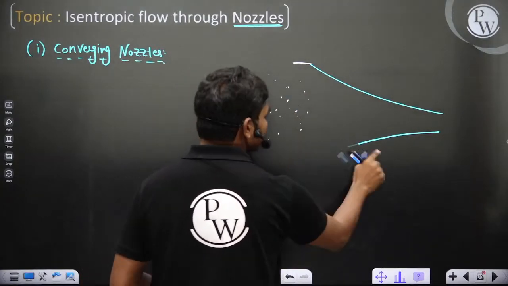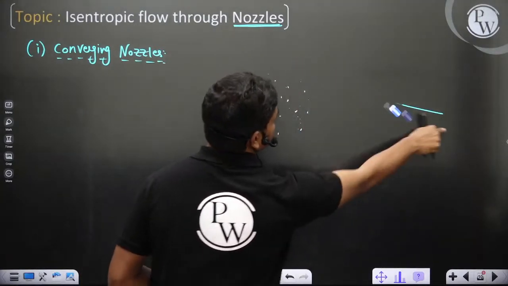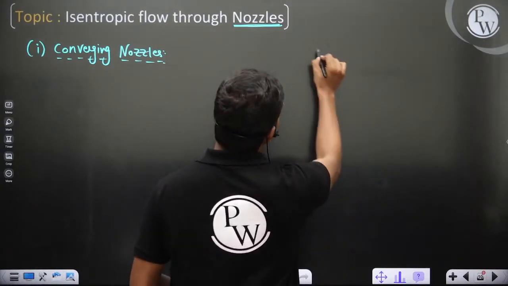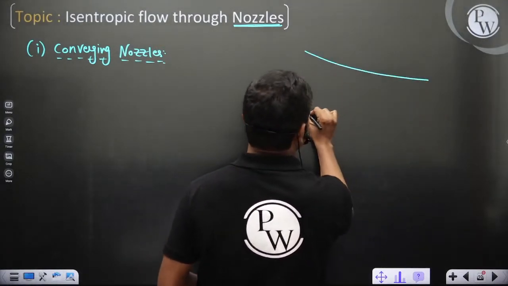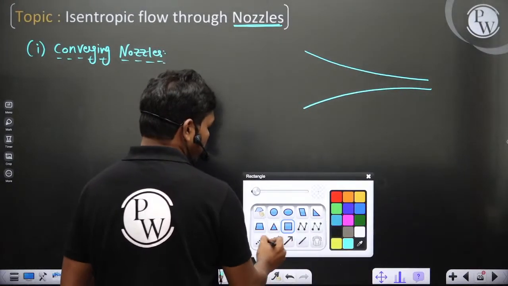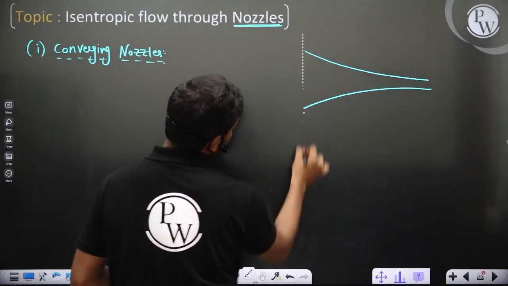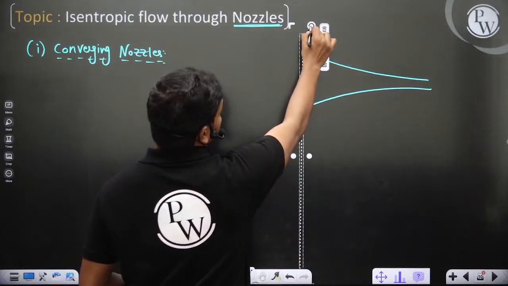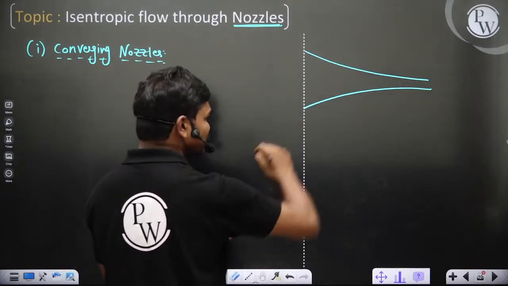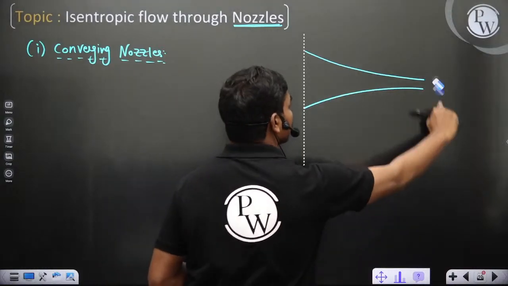I'm slightly trying to reduce this because I want to draw some more things. Just a minute. Now see here. So let's say this is a nozzle. This is a converging nozzle.